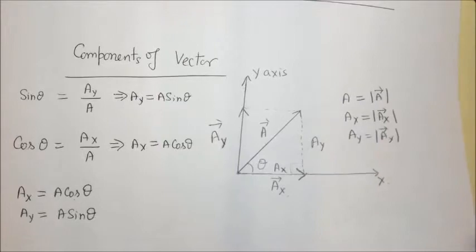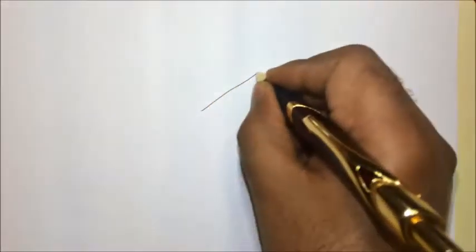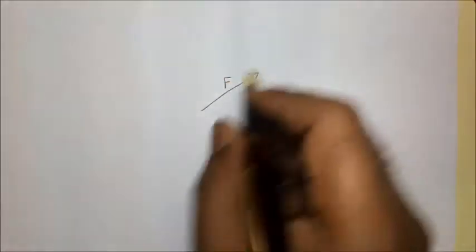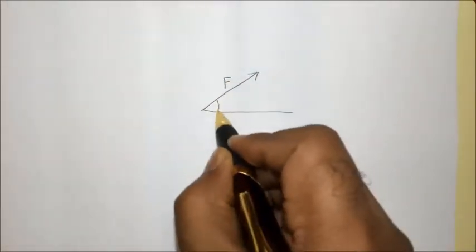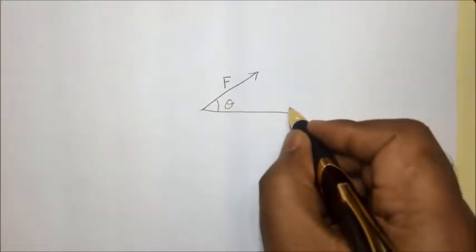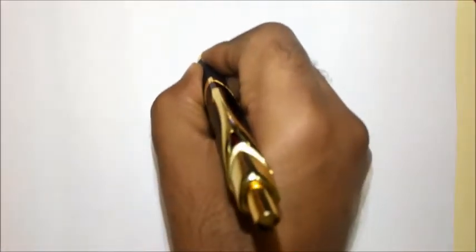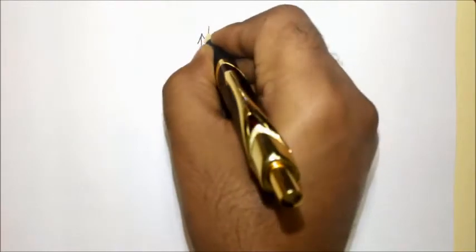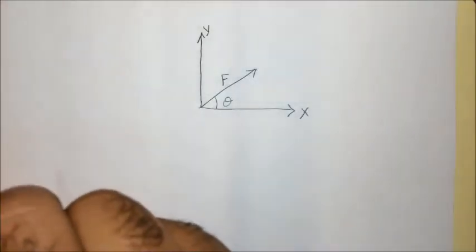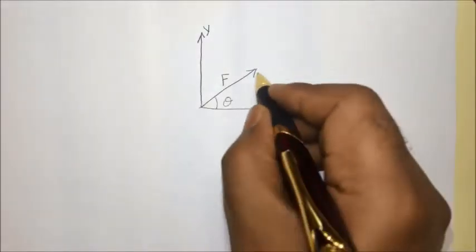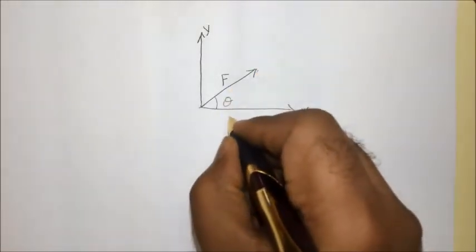So if you have any vector, suppose I say you have vector F, and if this is theta, and you choose this as your X and this as your Y, then this component is going to be Fx.